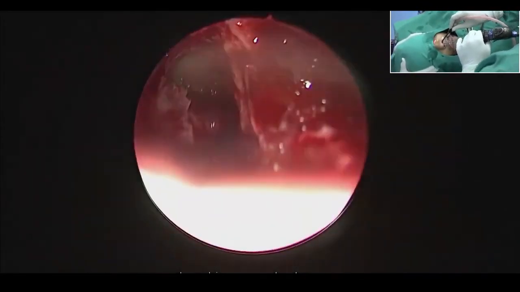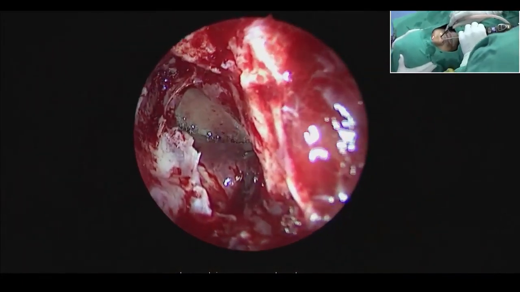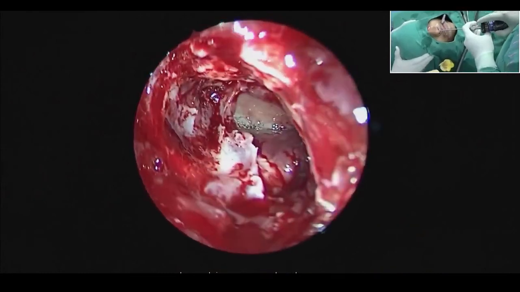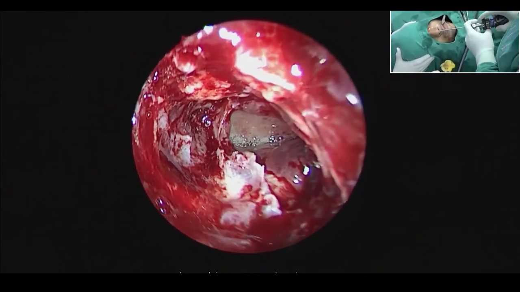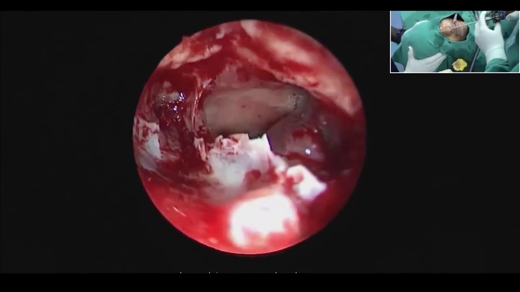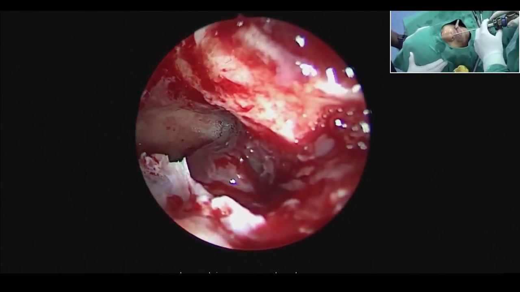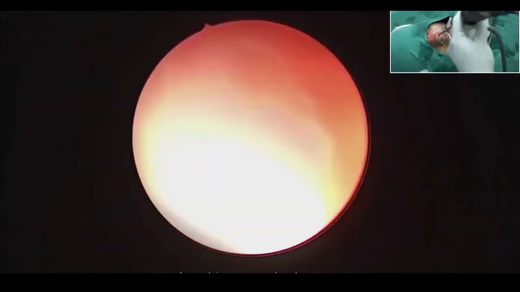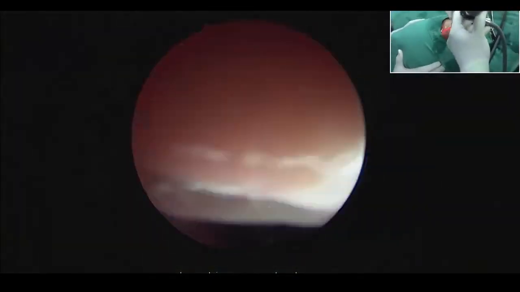Look at the frontal sinus. See, medially is a small intersinus septal cell. See here, we removed the party wall and made them one cavity. Can you see? See the good frontal sinus. That was the frontal sinus in this patient.